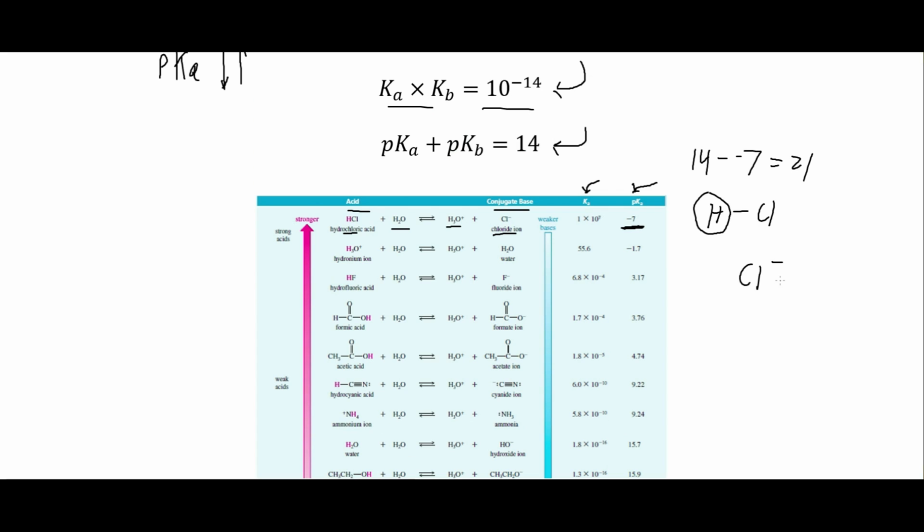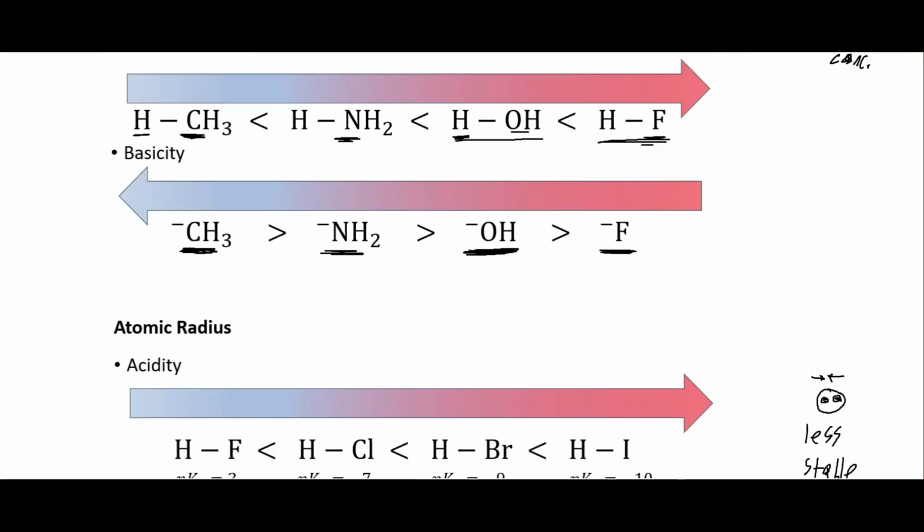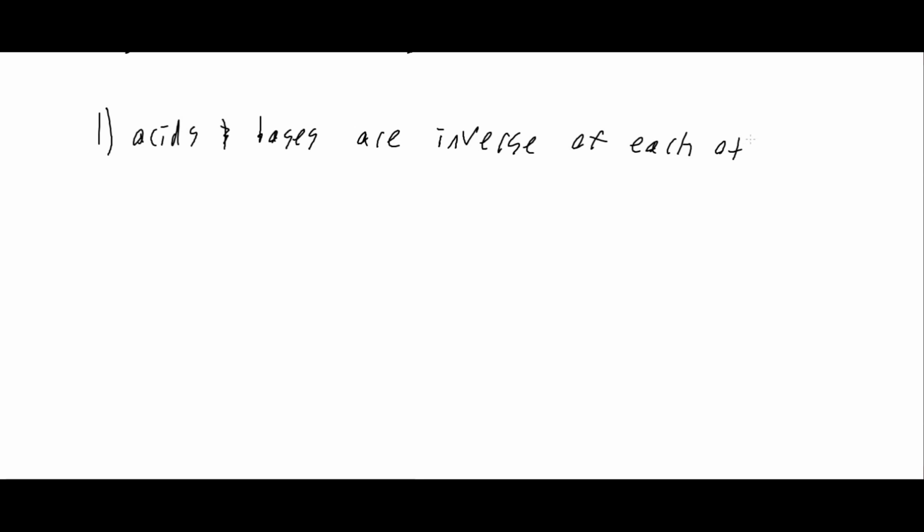I think, like I said, the two big take-home messages, and I'll even write them down here. So the first one is that acids and bases are inverse of each other. So that's one of the big take-home messages.